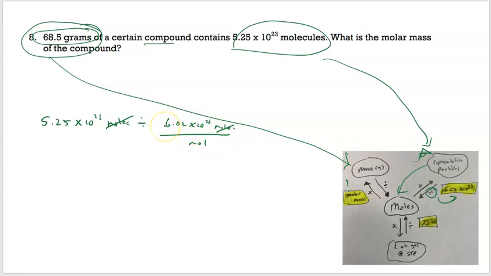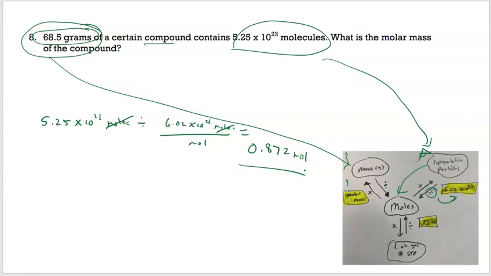So when I do that, let's see, 5.25 times 10 to the 23rd divided by 6.02 times 10 to the 23rd, I get 0.872 moles.